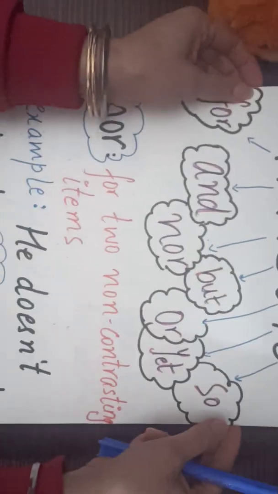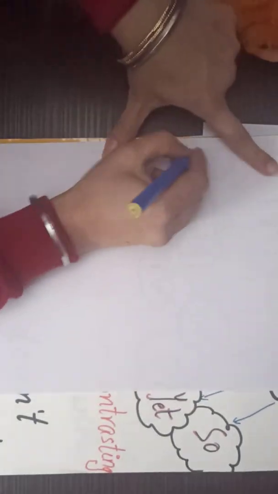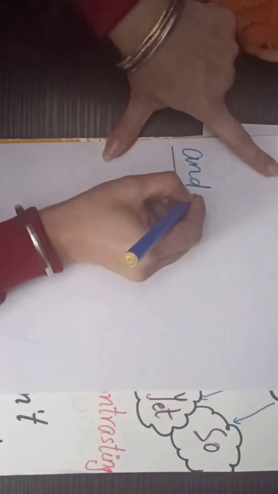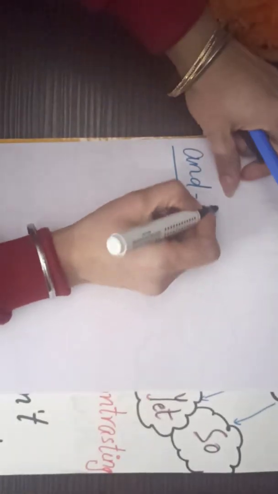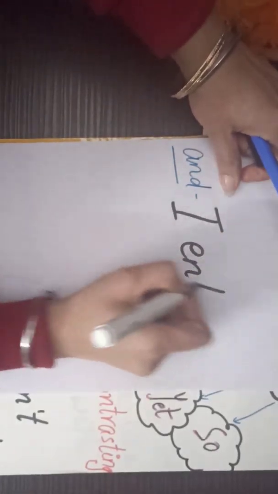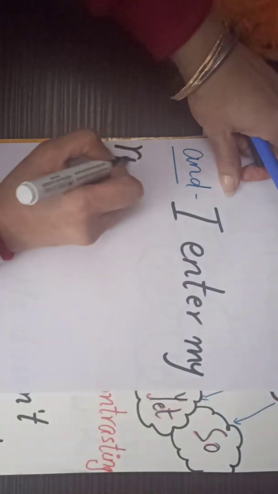method of using and is when I am using and for telling that one action of mine will lead to another action. For example, what do we do when we enter a room? I enter my room. And what will be my next step?